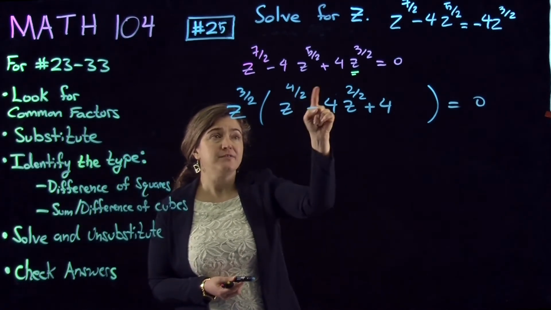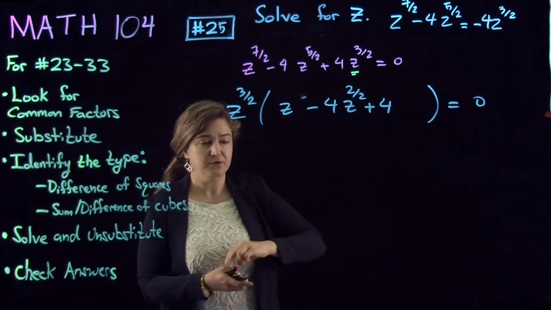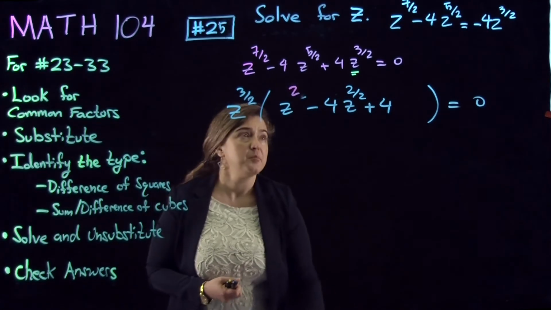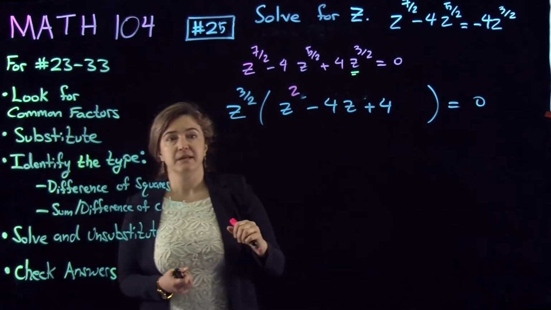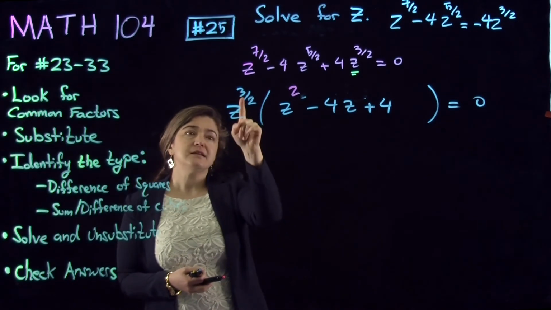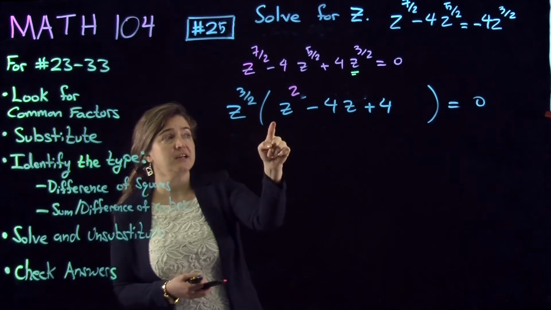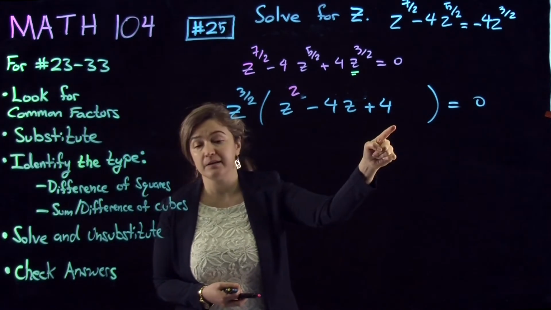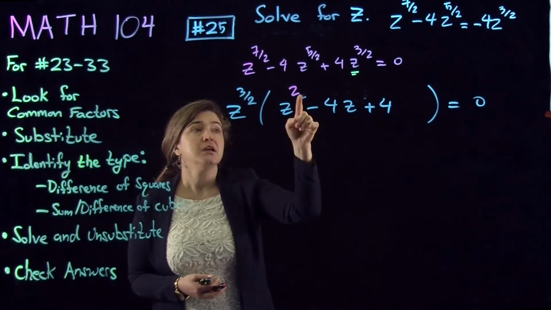Now, power 4 half means power 2, so I can erase this and replace it by 2. Power 2 half is 1. I can erase it completely. So out of this, now, what do I have? I have one factor here, and I have a quadratic equation over here.